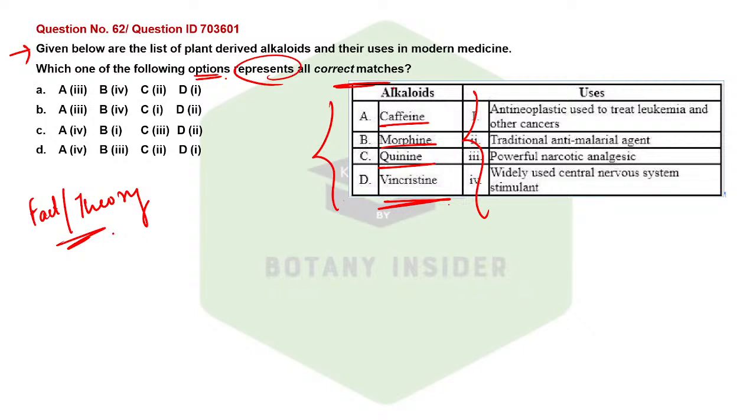Quickly mark the answer for the question. You have caffeine, morphine, quinine, and vincristine. Let's see, four options in front of you.